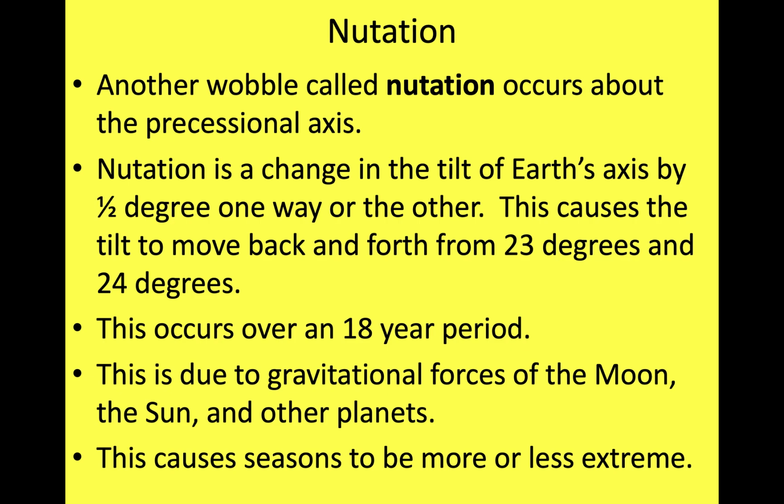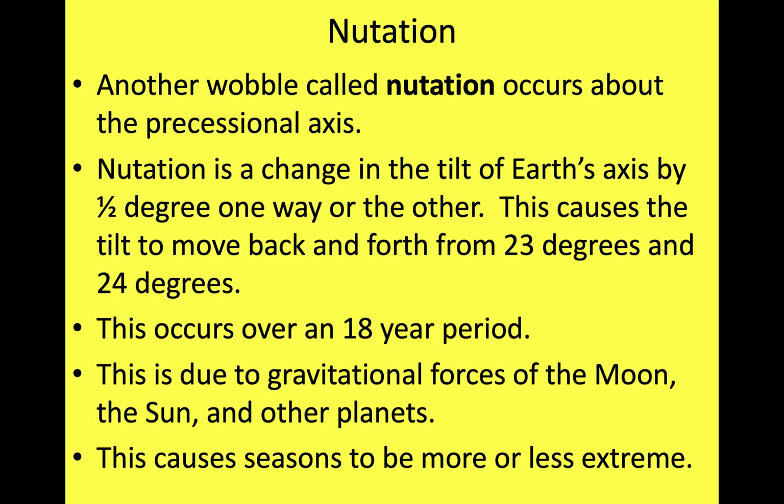Always answer 23.5 degrees. However, that is actually an average, because due to nutation, the tilt moves back and forth between 23 and 24 degrees, and this occurs over an 18-year period.